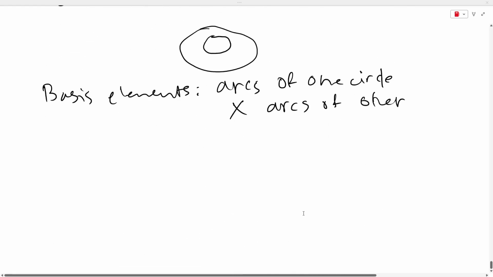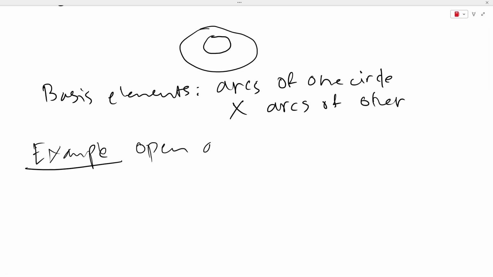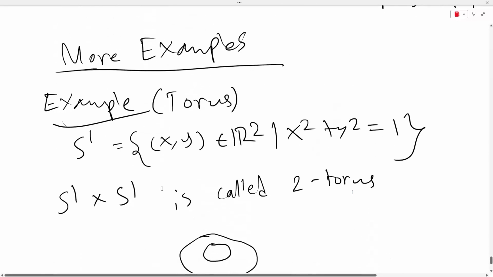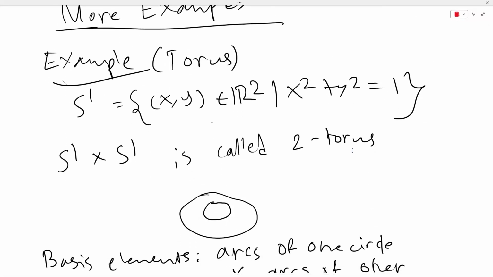Now the next example is called an open annulus. Also, this is a subspace of R2, as I said.